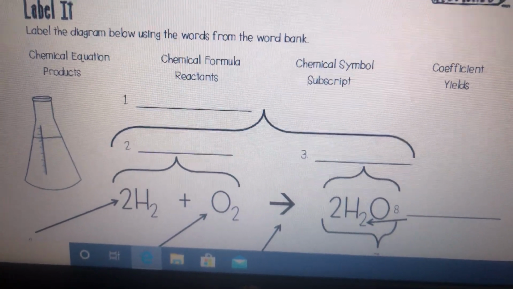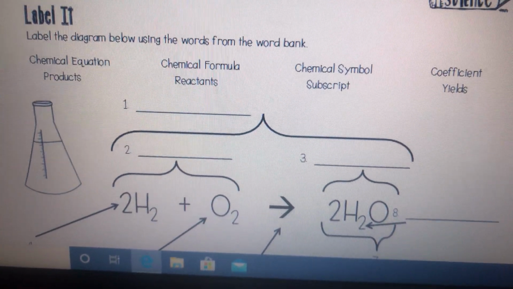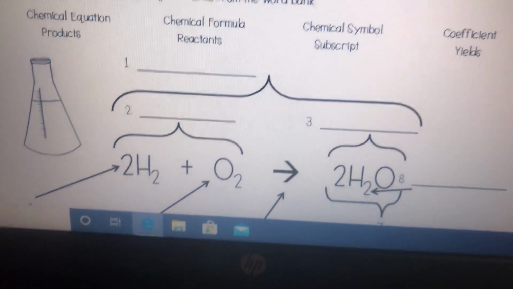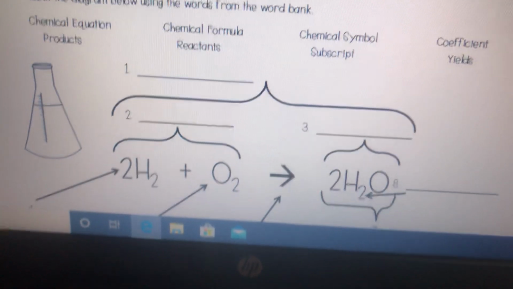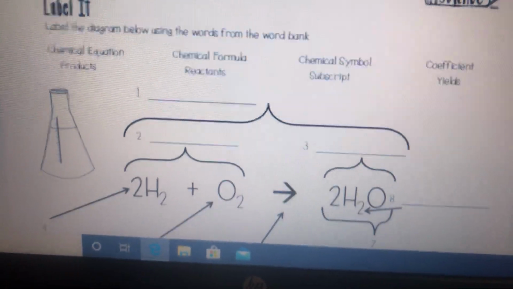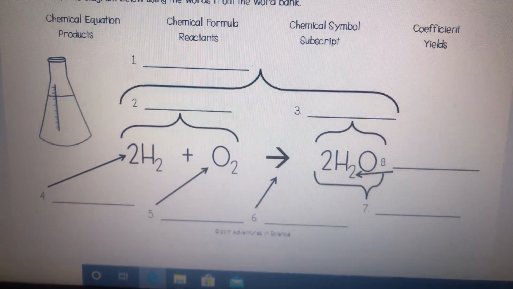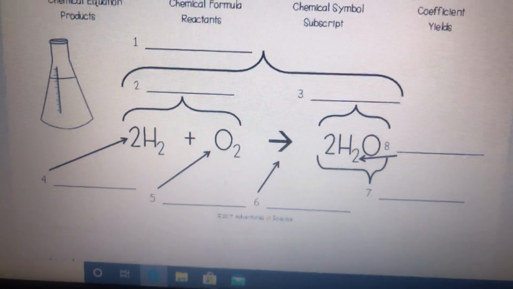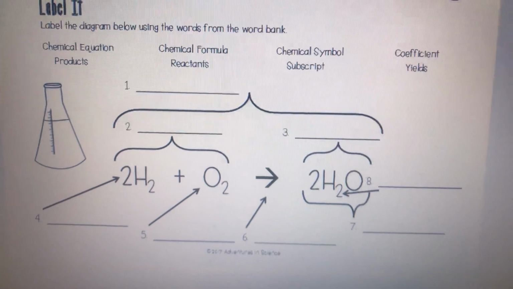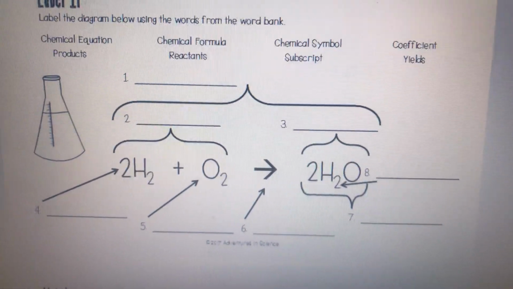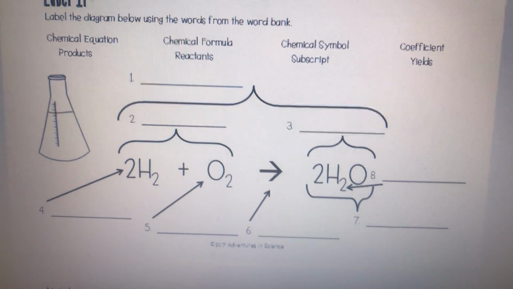What would number two be? Chemical formula. Okay, what would number four be? Number four would be a chemical formula, wouldn't it? 2H2. And what would the 2 be? Remember, we just went over that.